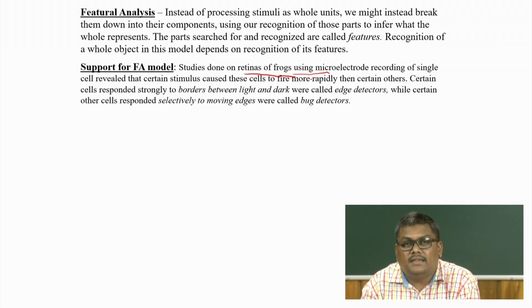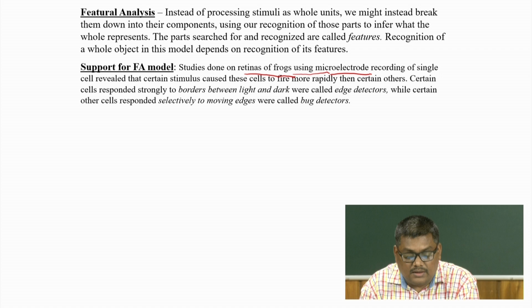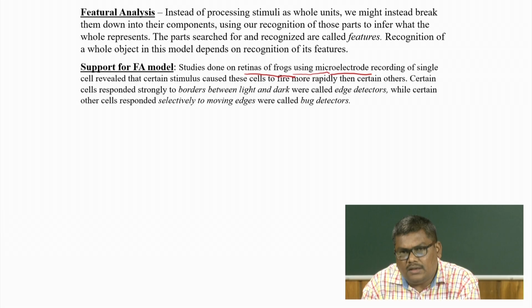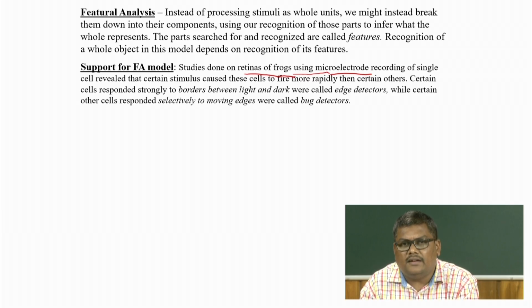What researchers did was implant microelectrodes into the retina of these frogs, and they found that the microelectrodes responded according to how the retinal cells responded. They found that there are certain specialized cells in the retina which respond in certain, different ways.